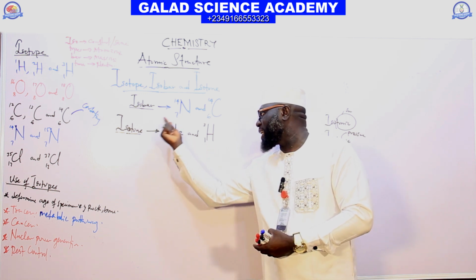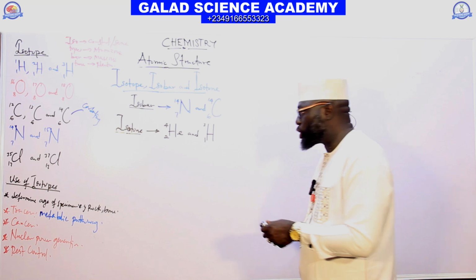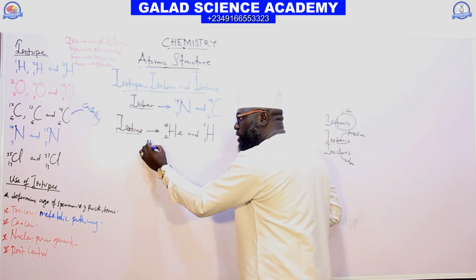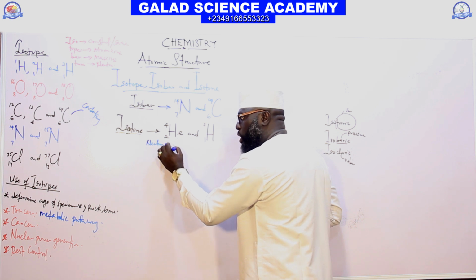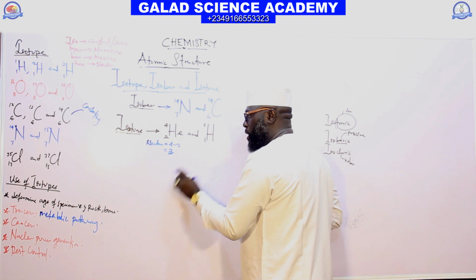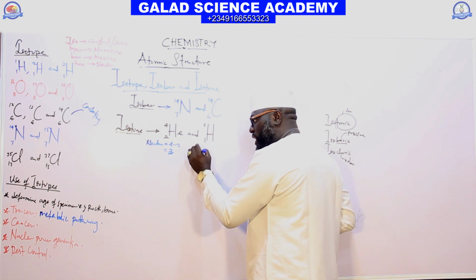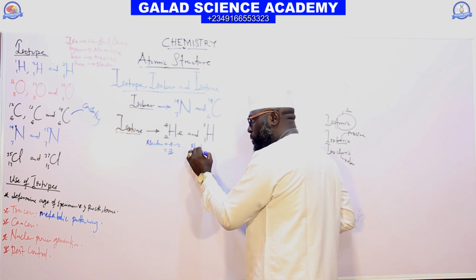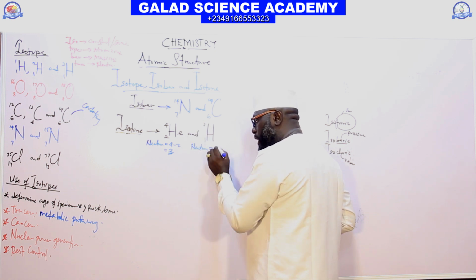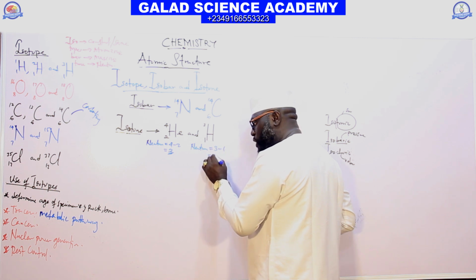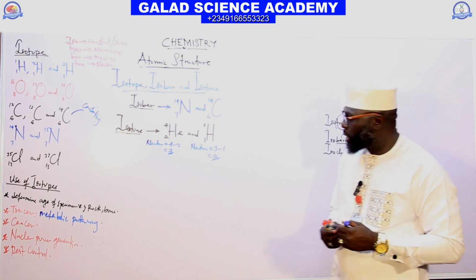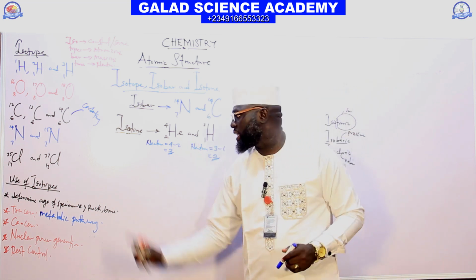Atomic number is different, mass number is different. But if you want to note the neutron number, what do we do? Neutron number here is 4 minus 2, which gives us 2. Here, neutron number will be 3 minus 1, which gives us 2. So they have the same neutron number, but their mass number and atomic number are different. That is isotone.